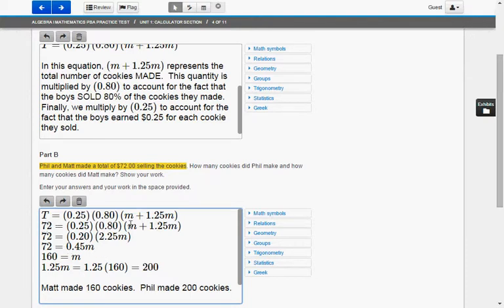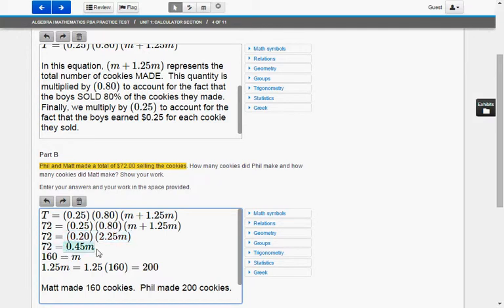I combined like terms in this parentheses here. We have 1m plus 1.25m, which is 2.25m. And I multiplied my two decimals. 0.25 times 0.80 is 0.20. And then I multiplied these two decimals here to get 0.45m.